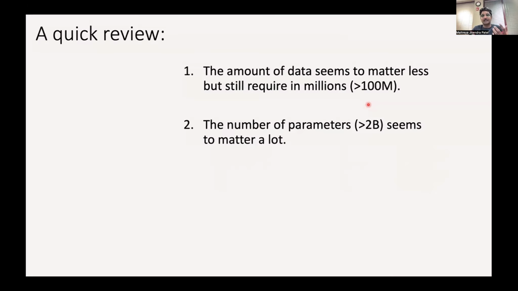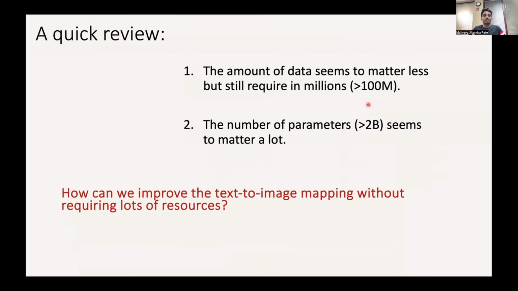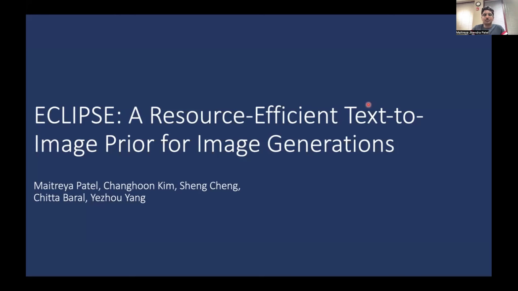So it seems that the demand for resources is increasing day by day. So how can we improve this text-to-image mapping without requiring a lot of resources? To take a step in this direction, I will next talk about our recent work, ECLIPSE, where we propose a resource-efficient text-to-image prior for these T2I models.